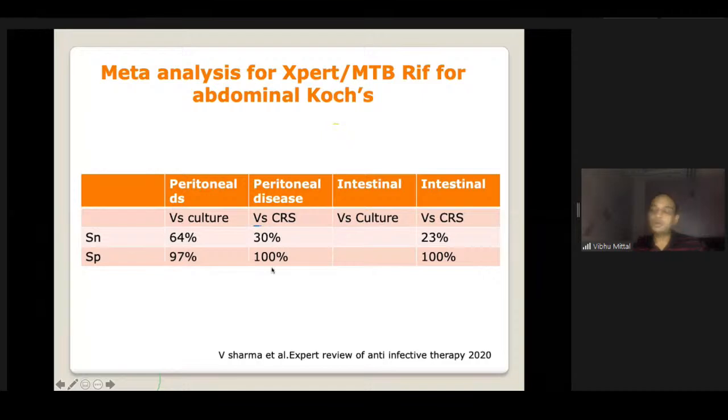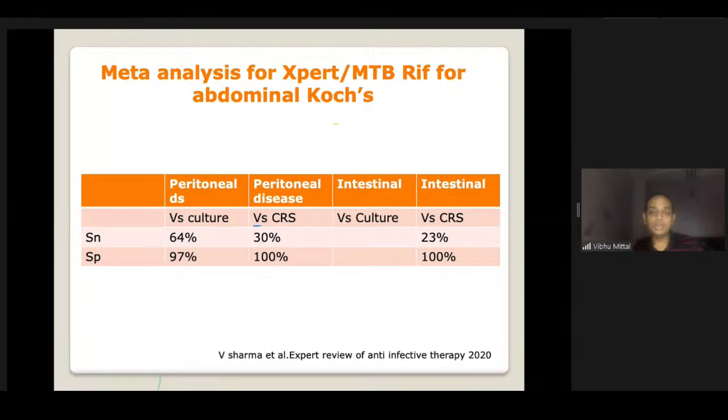We hardly use it for peritoneal disease, by the way. However, for intestinal disease, the sensitivity is again around 23%. In intestinal disease, in this paper, the test could not be compared with culture because only three of those 13 studies talked about culture of intestinal tissue, and the data was patchy.